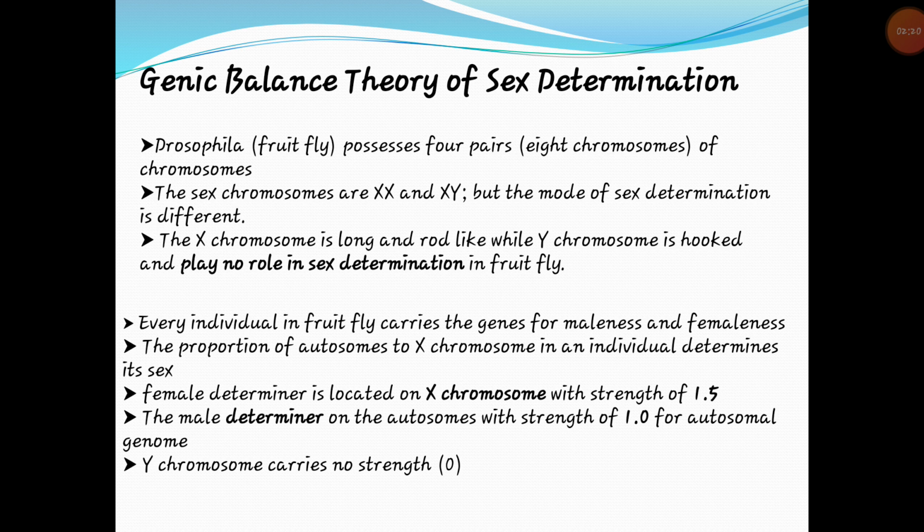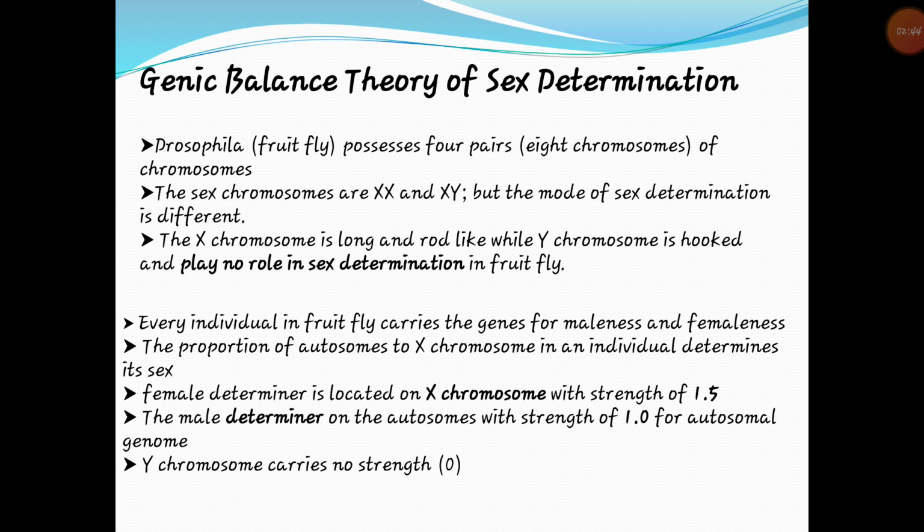Since it is 3 to 2, the fly will be female. Here 3 is greater than 2. A fly with the AAXY chromosome combination will be male. The ratio of male to female determiners is 2:1.5.